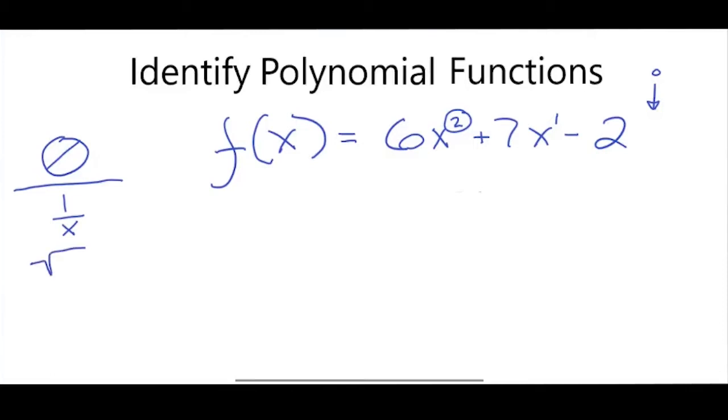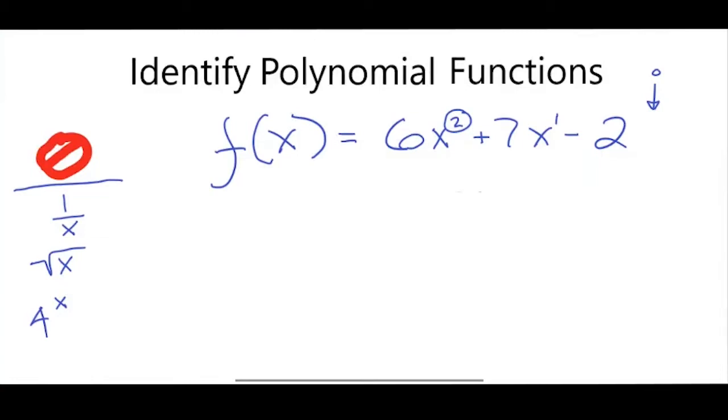If you have a radical and x is on the inside of that radical, it is not a polynomial function. Or if you have a number like 4 raised to the x power, it is not a polynomial function. These are not parts of a polynomial function.